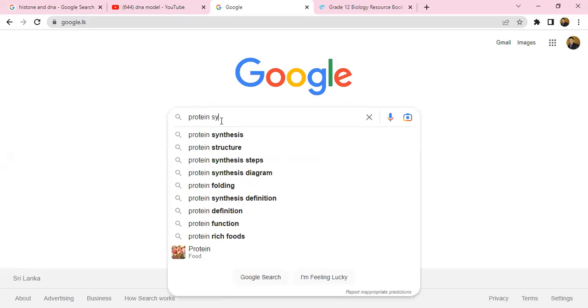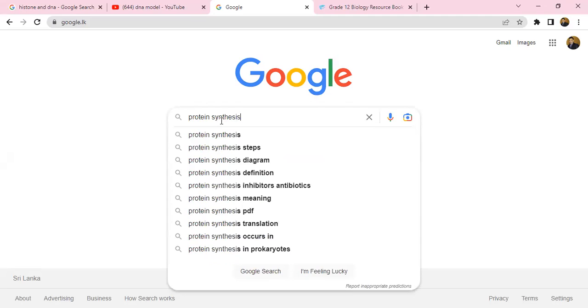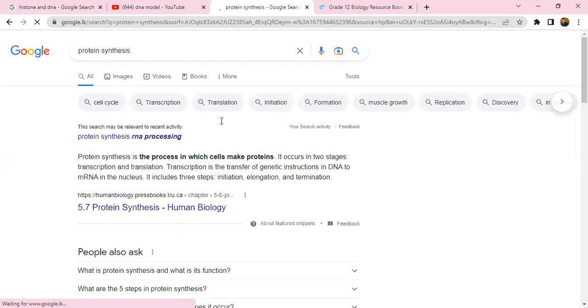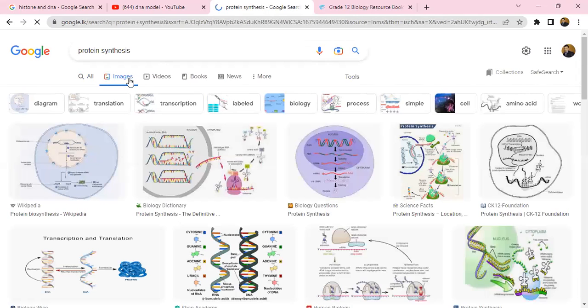Right. Another thing, what is the next property? What is the next feature? Initiator amino acid in protein synthesis. Remember, during protein synthesis, amino acids are joined one by one, correct?